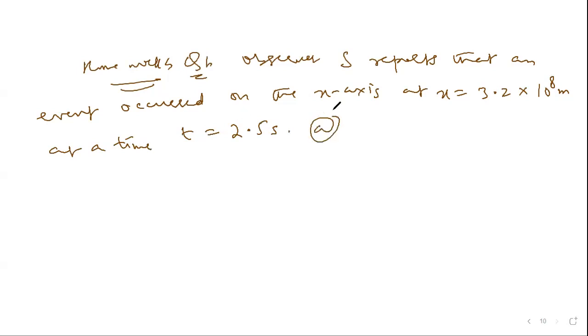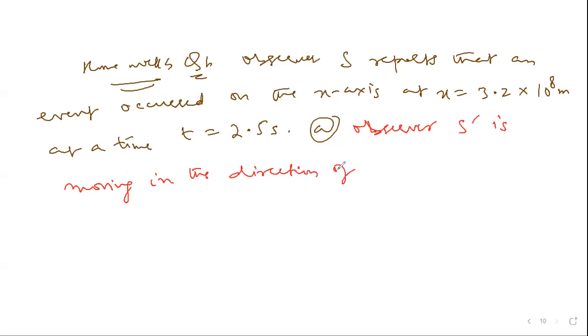Part A: Observer S prime is moving in the direction of increasing x at a speed of 0.38 c.